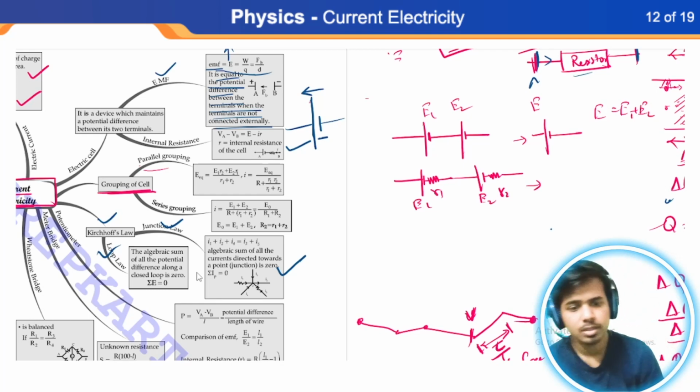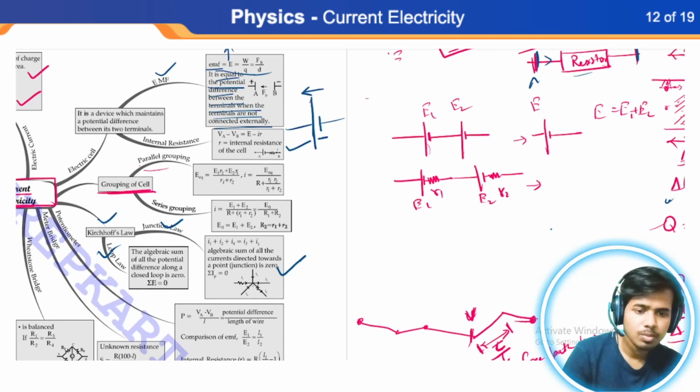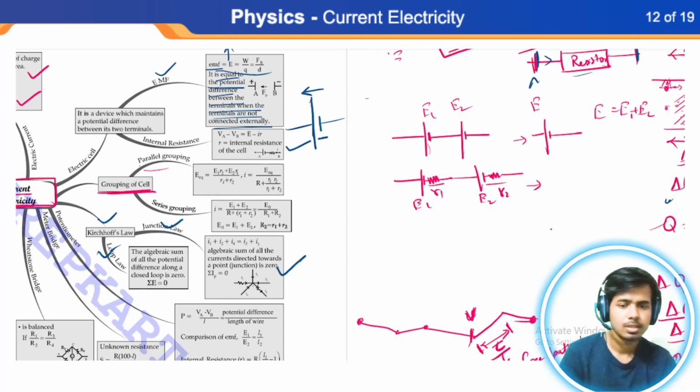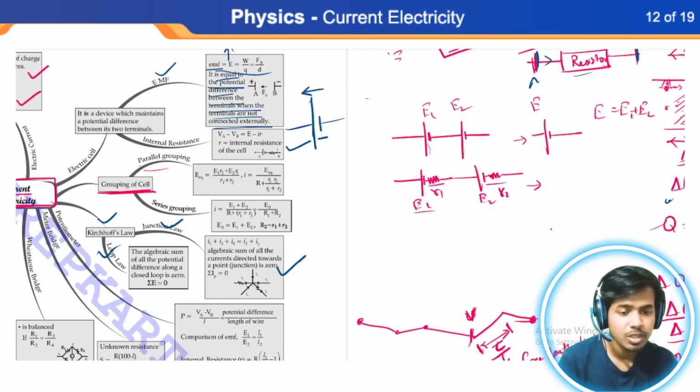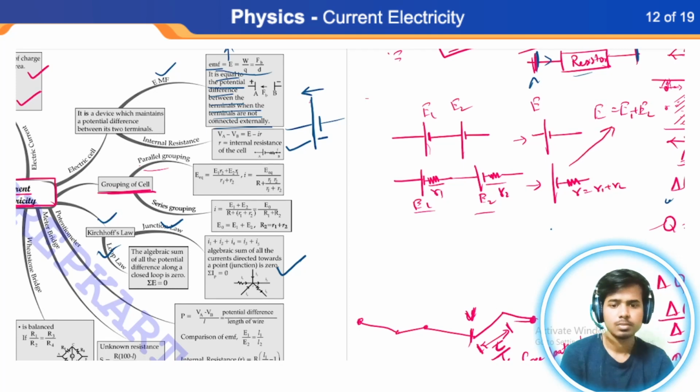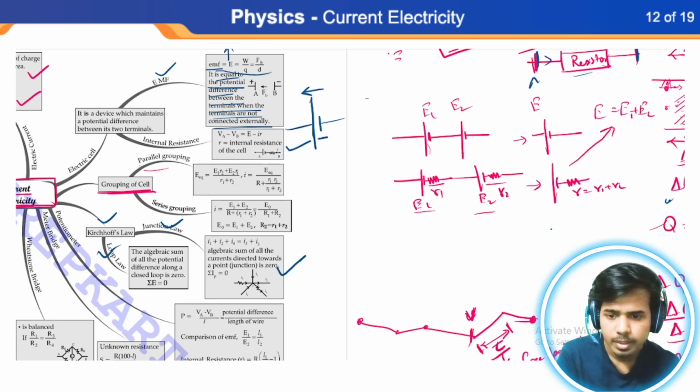In that manner, both of them are in series, right? Can I add them up? Of course I can add them up, and E1 and E2 could be added up. So it will be simply the case where R is equal to R1 plus R2 and E is equal to E1 plus E2. Okay, so series is pretty simple.